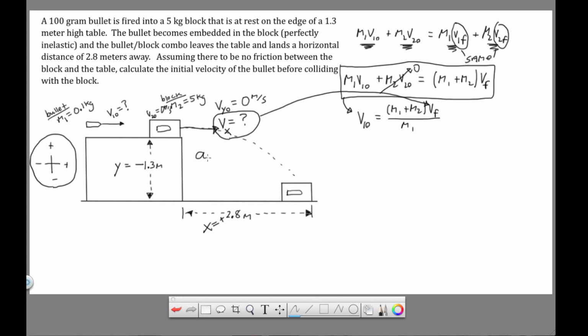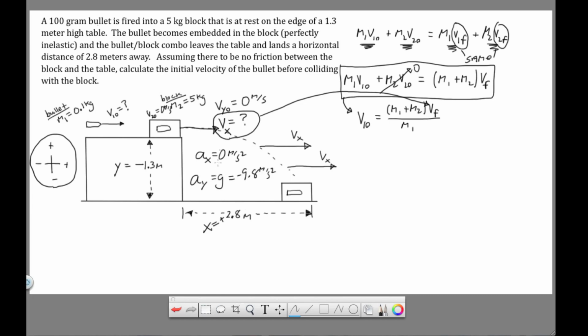We know that our x acceleration is 0, because the x velocity does not change. The x velocity as the combo leaves the edge of the table remains the same the entire way down. Another way of saying that is there's no acceleration in the x direction. Our y acceleration is gravity, which is negative 9.8.